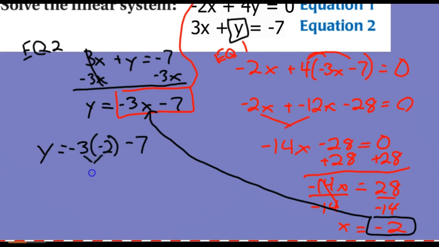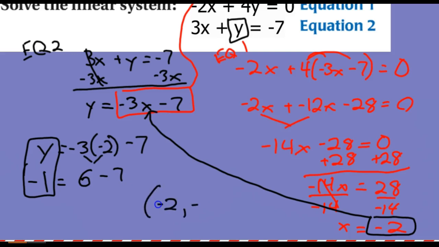Negative 3 times negative 2 gives us a positive 6. 6 minus 7 gives us a negative 1. So y equals negative 1, which means our solution has to be negative 2, negative 1.